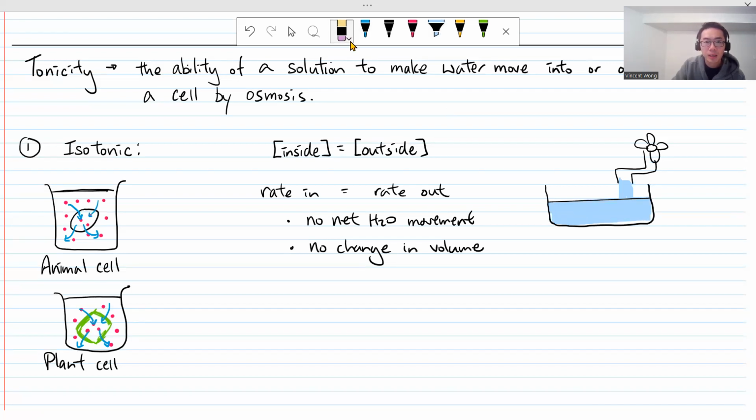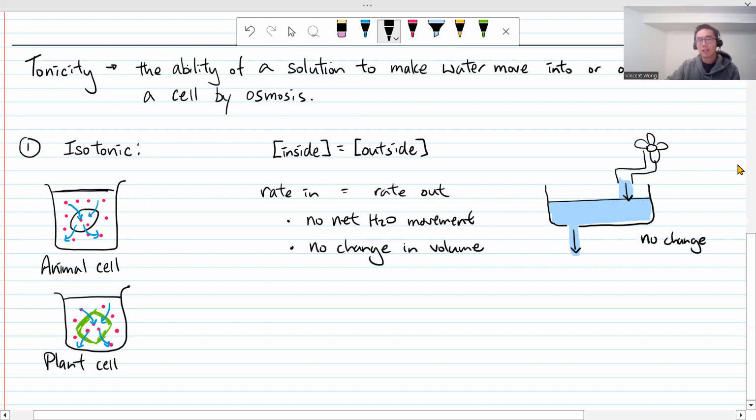But I am going to poke a hole at the bottom so that the water is leaking. If the rate at which the water goes into the basin equals the rate at which it is leaving, what's going to happen to the water level? Is it going to go up, no change, or go down? No change. That's exactly what's happening. The water is coming into the cell, but at the same time it's leaving. They cancel each other out. No change in the volume.